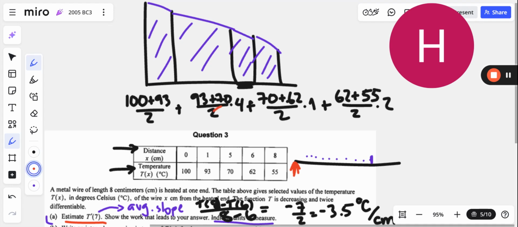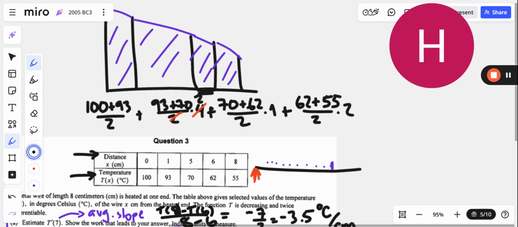So we can cancel some stuff. Multiply that by 2, and we can cancel these 2's.